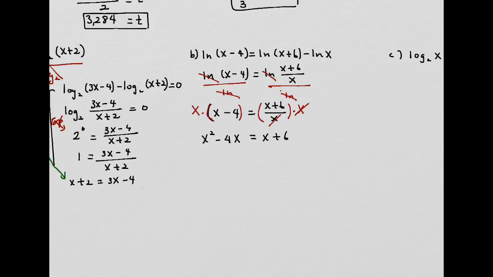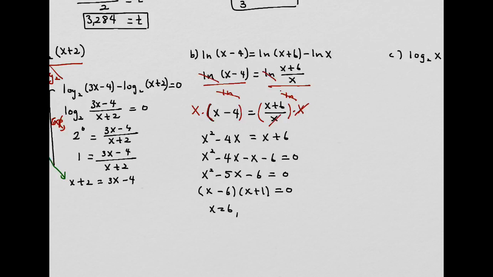And it looks like this is quadratic, so you're going to make the standard form of the quadratic by putting everything on one side equal to 0. Combine the like terms. And then factor. This trinomial looks factorable, which is (x minus 6)(x plus 1). So you have x equals positive 6 and negative 1.